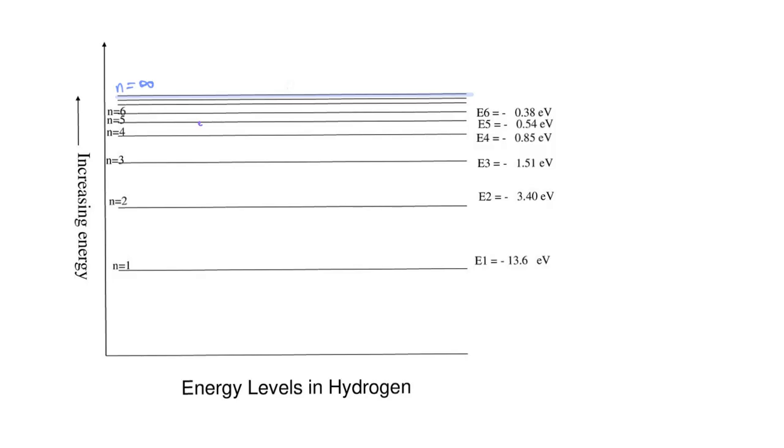Let's say for example I have an electron sitting on n5 over there. Remember what I said, an electron on n is equal to 5 would prefer to be on n is equal to 1, which is the ground state.